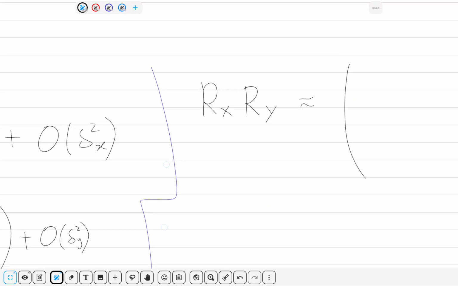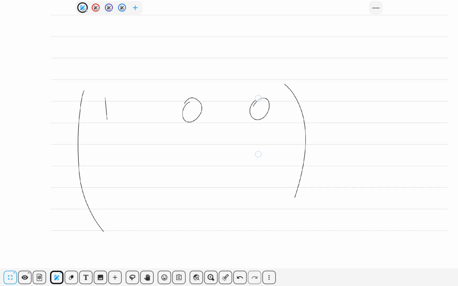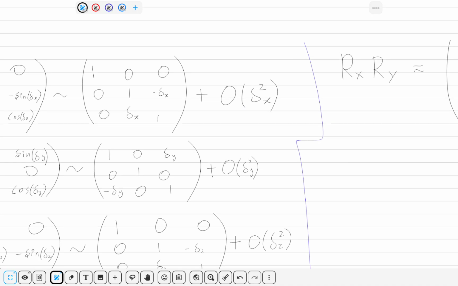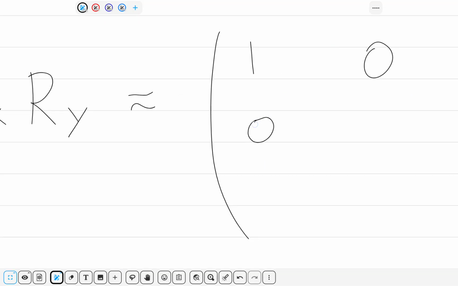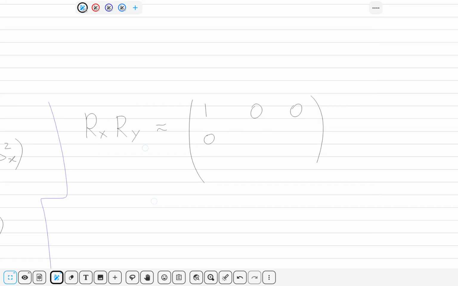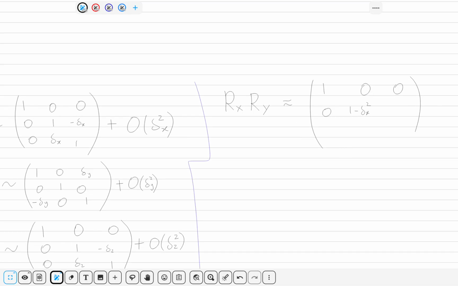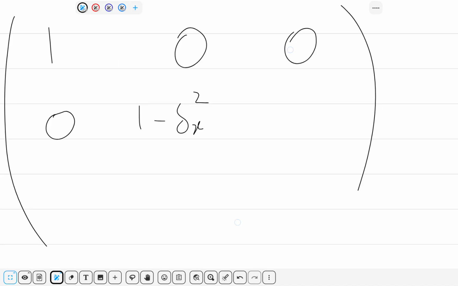What I would get is a 1 here, and all zeros, and then a 0 here, and I will get 1 minus delta x squared, and then 1 minus delta x.